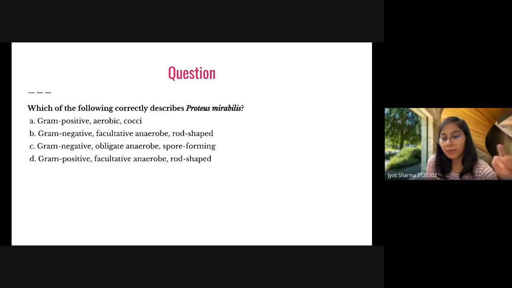So obligate means obligatory, and facultative means if there is no presence of, let's say, oxygen, then it can act as anaerobic in nature. And the third is the shape of the bacteria, either it is cocci or rod shape or spore forming. So you just have to tell me the characteristics of this bacteria, Proteus mirabilis.